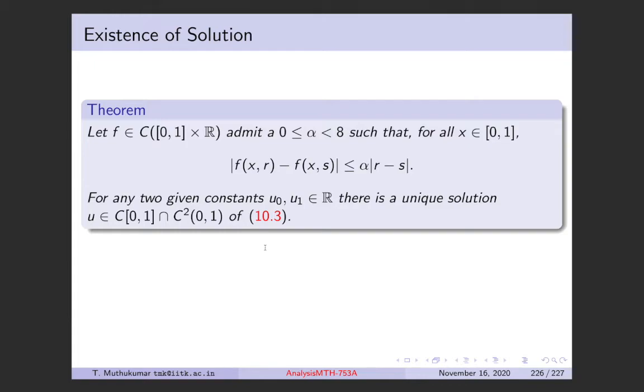So far we have said if there is a solution, how does it look like, and so on. That previous lemma was like that. Now we are showing that the two-point boundary value problem that we started with, 10.3, actually has a unique solution in this space, given the fact that the data is Lipschitz continuous, that is alpha is less than 8. You will see in the proof how this less than 8 naturally appears.